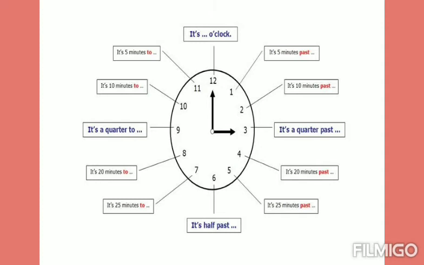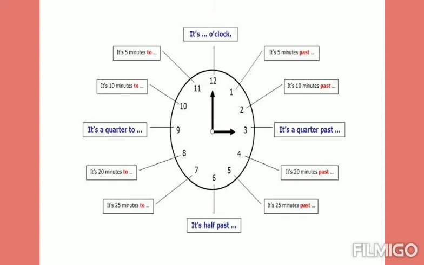If the minute hand is at 7 and the hour hand is between 3 and 4, we can read the time as 3:35. You used to read 35 minutes, 3:35, when writing the numerals, but when reading, you have to read it as 25 minutes to 4. If it is at 8, you have to read the time as 20 minutes to 4.